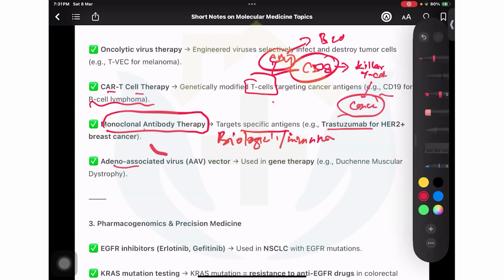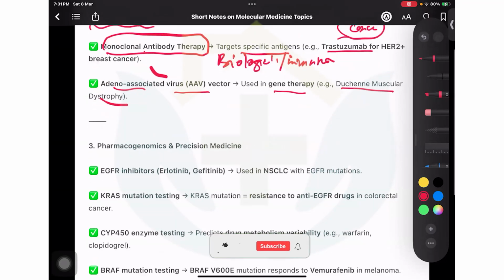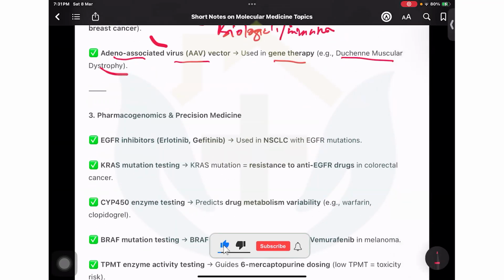Then adeno-associated viral vectors. This is also used in gene therapy, trying to eradicate or modify the gene. So it is used in Duchenne muscular dystrophy. Then coming to newer techniques, which are pharmacogenomics or precision medicine, where you understand the condition and disease so much that you know that you have to block the mutations.